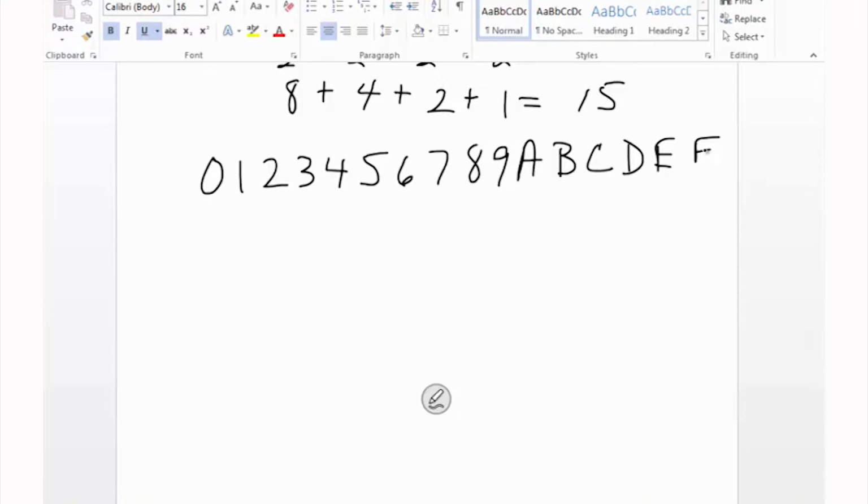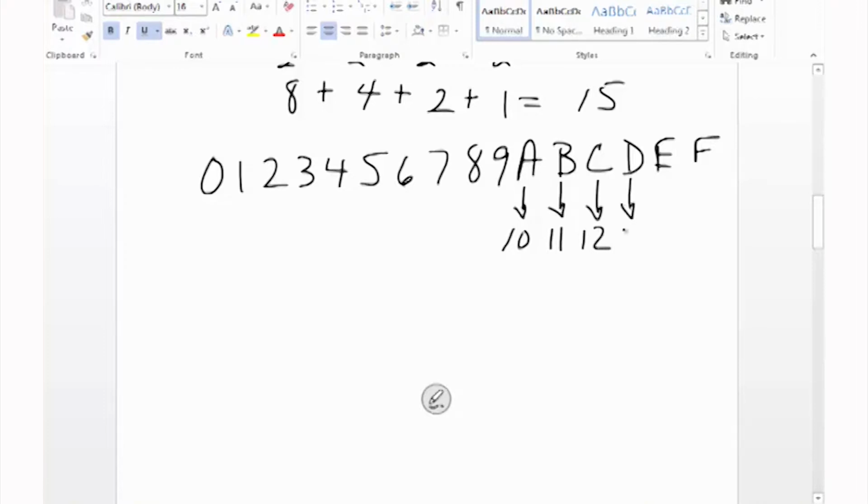Let's translate this a little bit, and let's indicate this in the decimal numbering system. This is going to be 10. This is going to be 11. This is going to be 12. That's 13. That's 14. And that's 15. Now you may say, well, that's not 16, but we're using 0, too, as a value or as a placeholder in this numbering system, which gives us 16.